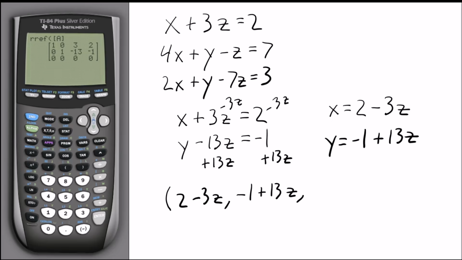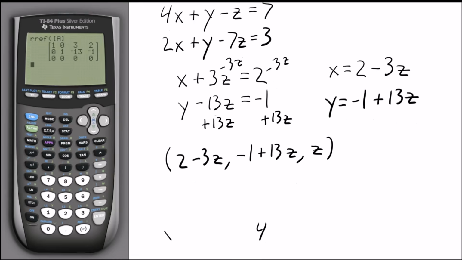And the last entry is z, which is just z. And so that's how we would write the solution to this system of linear equations, which has an infinite number of solutions. And so what this means is that we can choose any number we want for z, plug that in for each, and we would have a new solution.